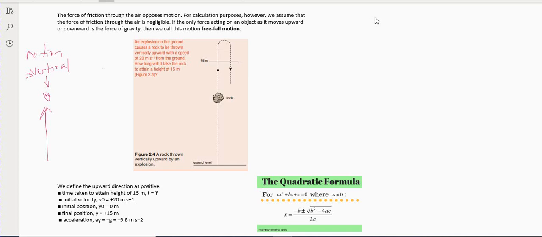As we know, gravity is a force that acts downwards on objects, so to speak. So when we throw an object in the air, that object will be impacted by the force of gravity, which is going to be acting downwards.